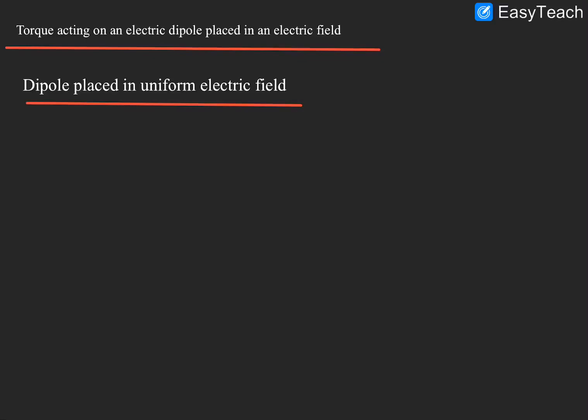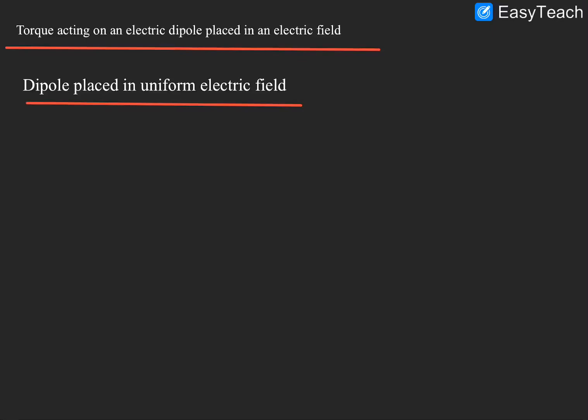While representing a uniform electric field, we use straight lines. Straight continuous lines represent a uniform electric field.